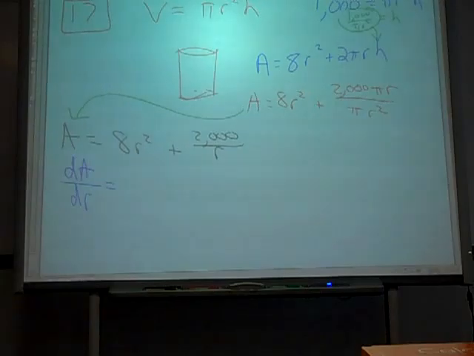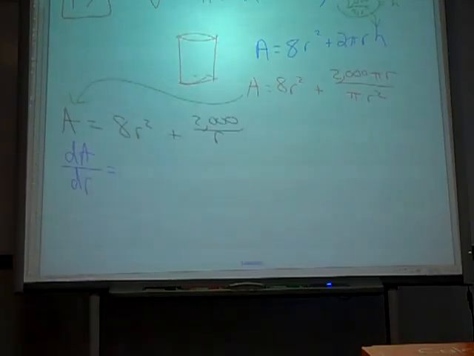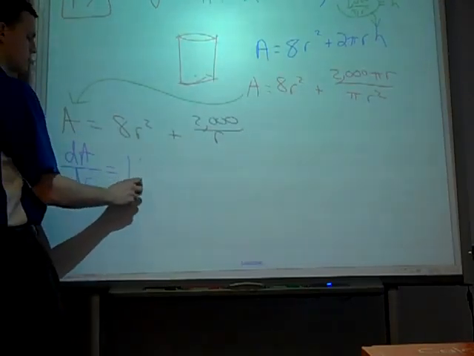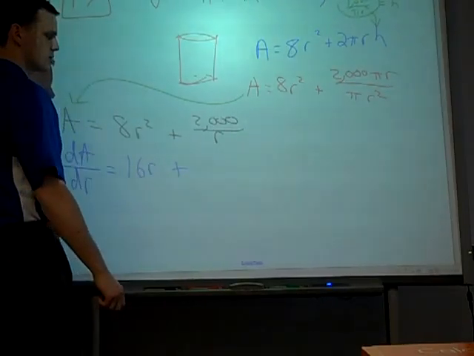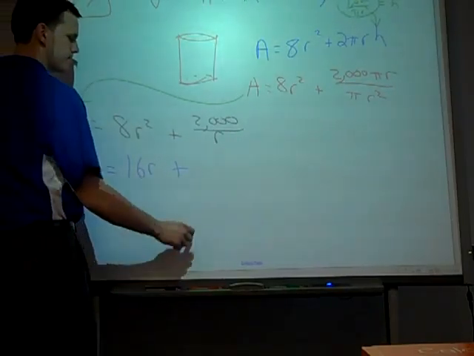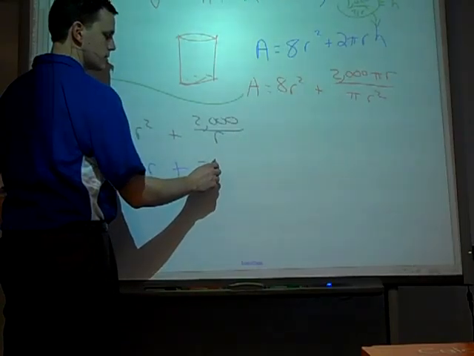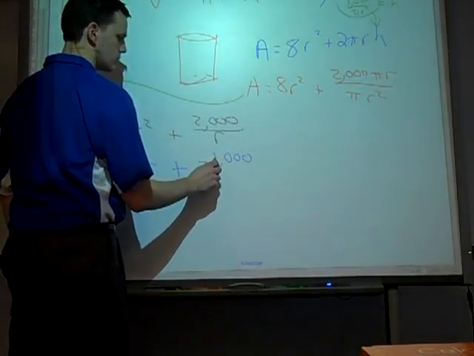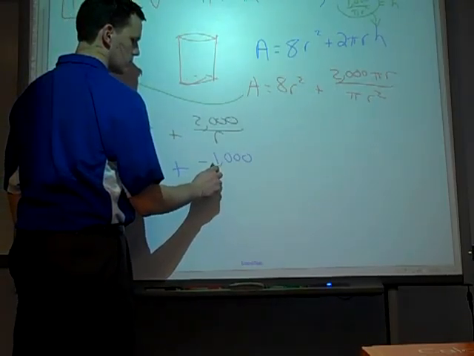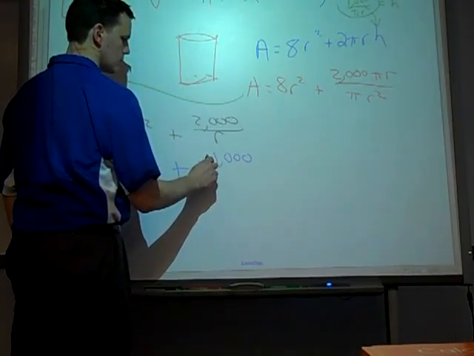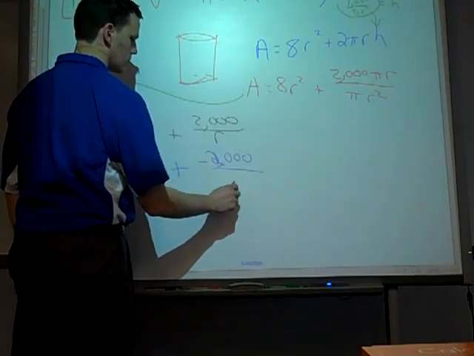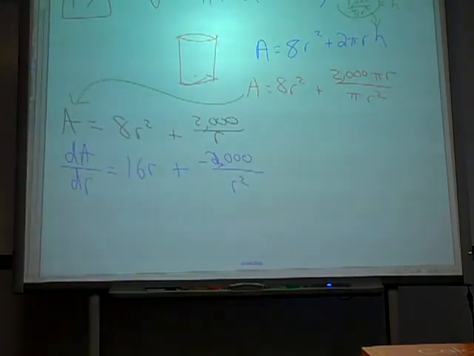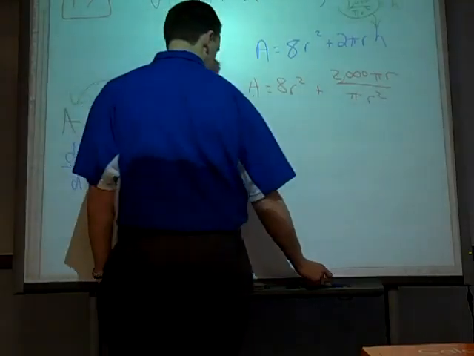When I differentiate with respect to r, we get 16r plus what? Minus 1,000 or 2,000? 4,000, multiplied by a -2.